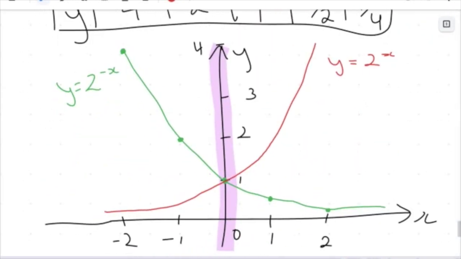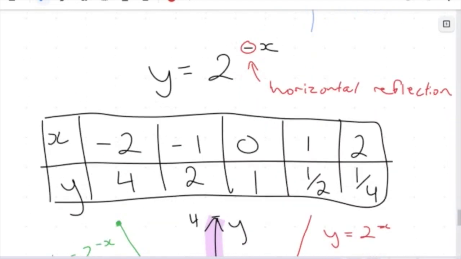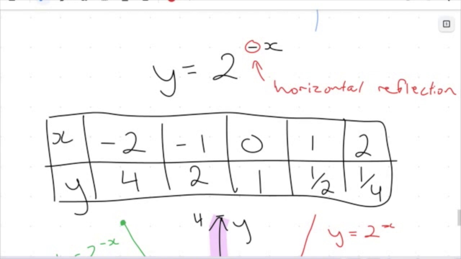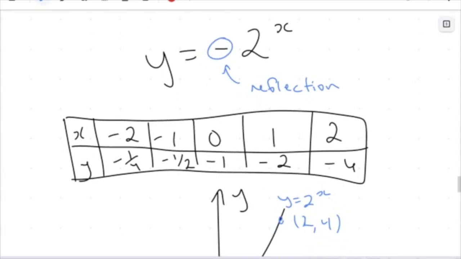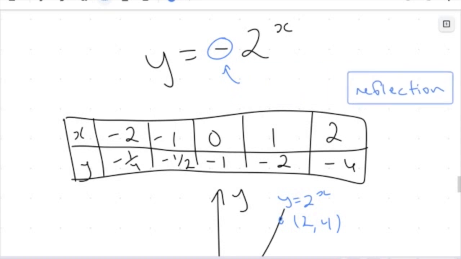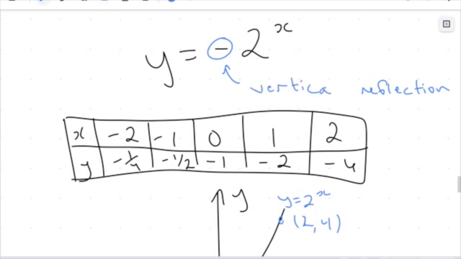So this is the effect of these signs here. When the negative is acting on the exponent, on the power, we get a horizontal reflection. And when it is here, it is acting on the y. So this is a vertical reflection. And this is the effect of these two.